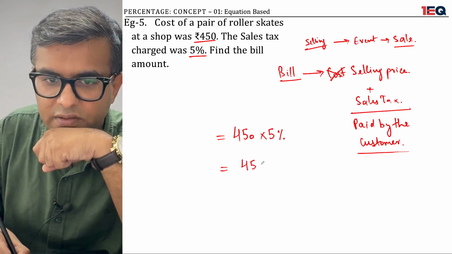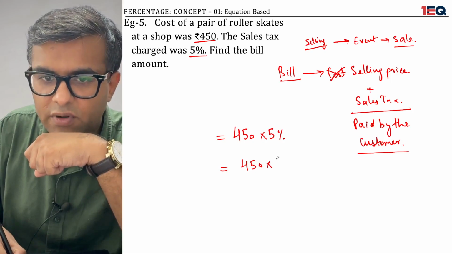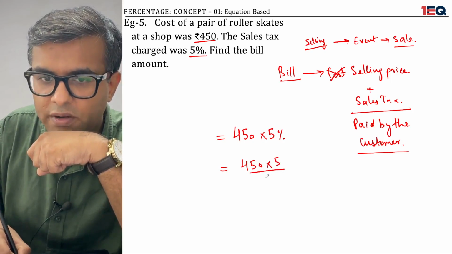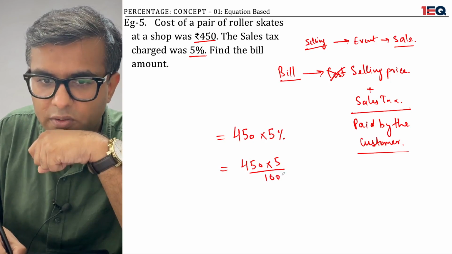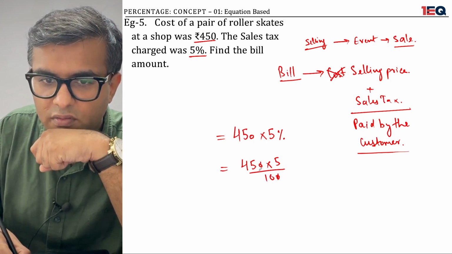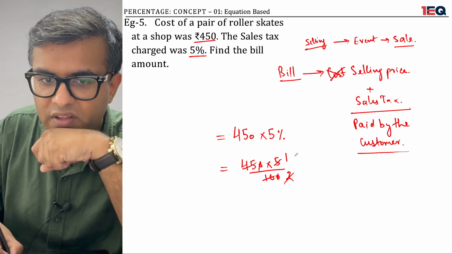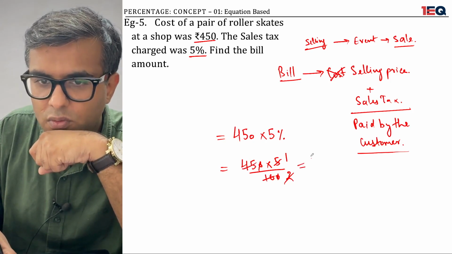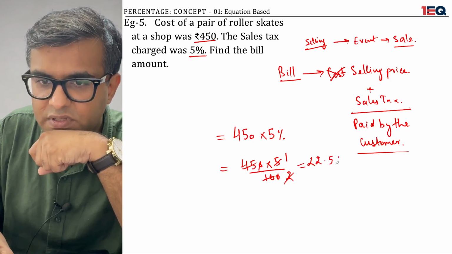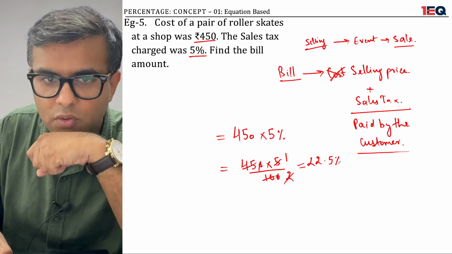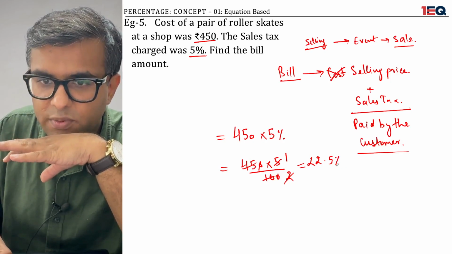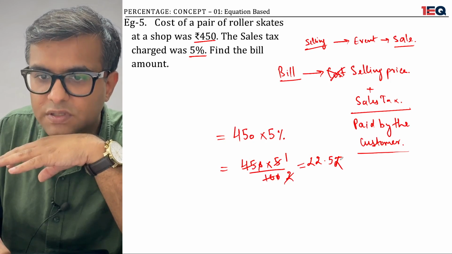Removing the percentage sign, I would have upon 100 in this equation. 0 is cancelled out with 0. 5 ones are 5, 5 twos are 10. 2 by 45 is equal to 22.5. No, there's no percentage, this is 22.5 rupees.